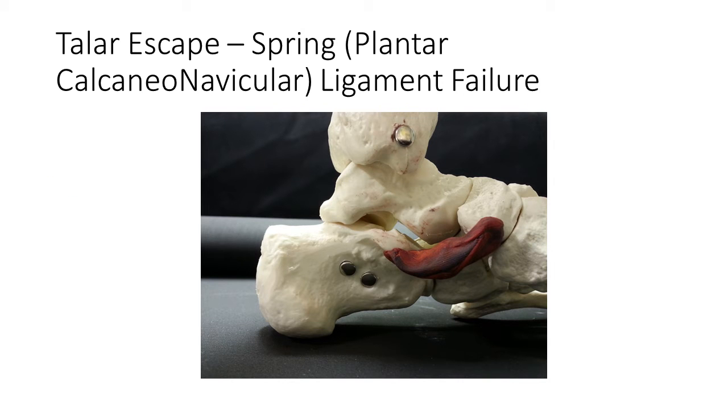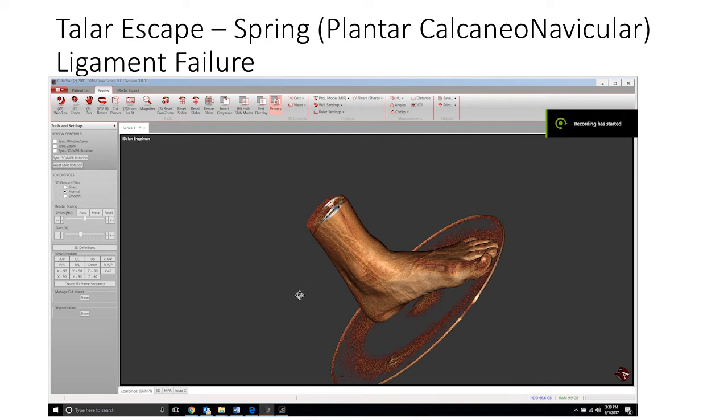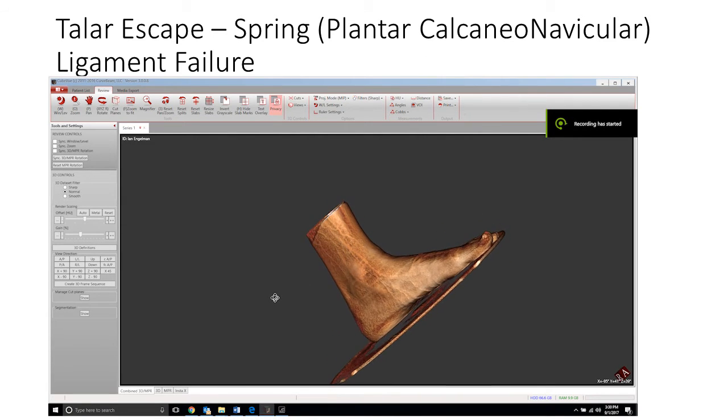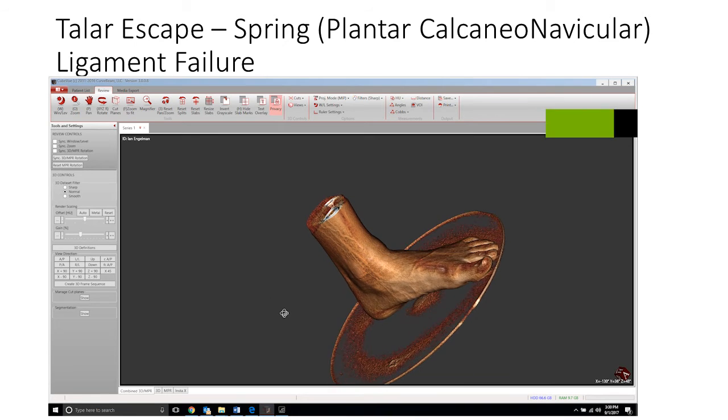Next, we have talar escape. This is likely due to a weakness in the spring ligament or the plantar calcaneonavicular ligament. Here, with this image, you can see that it connects the calcaneus to the navicular and holds that talar head in place. This video will demonstrate to you how the talus is prominent.